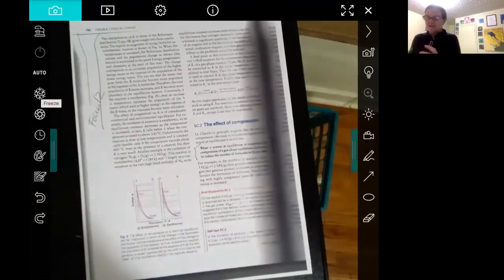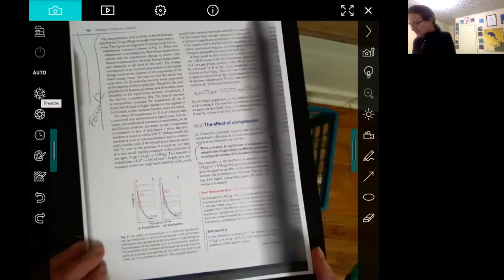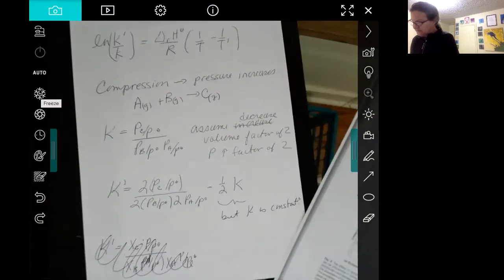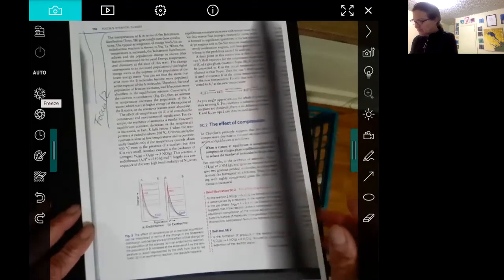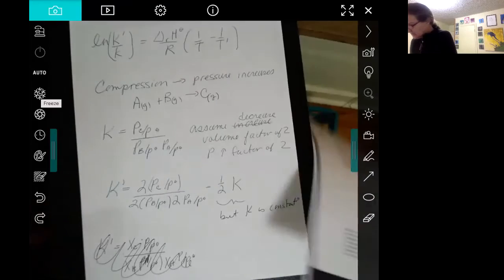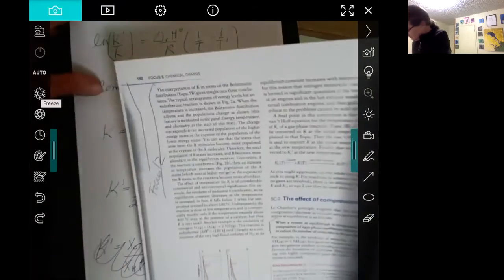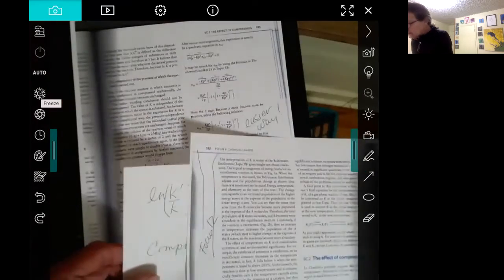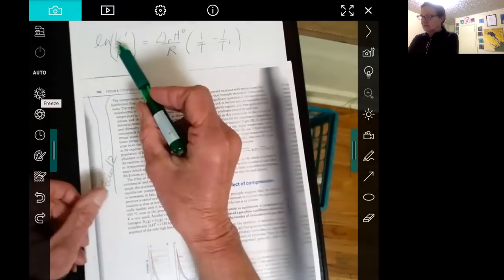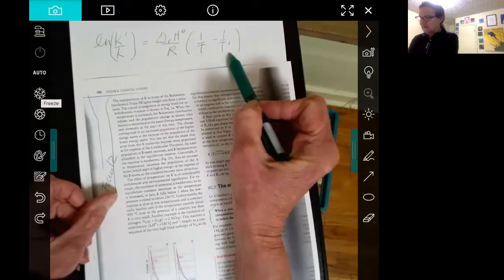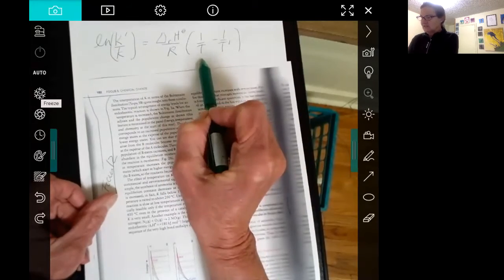So if you have a reaction vessel and you decrease the volume, the important thing is that you're going to be increasing the pressure. So this is just that equation that relates one equilibrium constant at one temperature to an equilibrium constant at another temperature, and it's the delta H that determines how much they change.